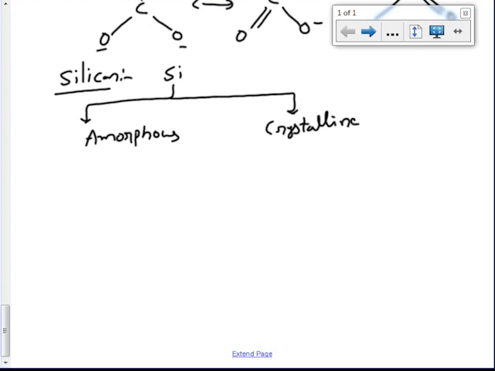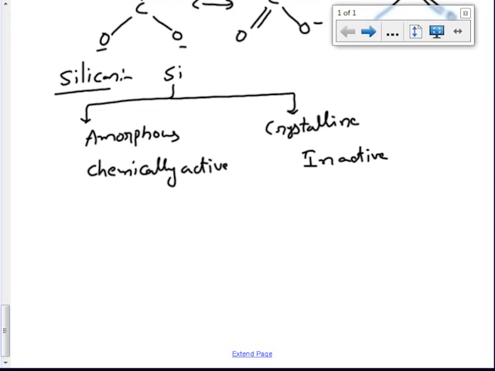Amorphous silicon is chemically active, and the crystalline form is chemically inactive. The amorphous state of silicon is more reactive compared with the crystalline form.